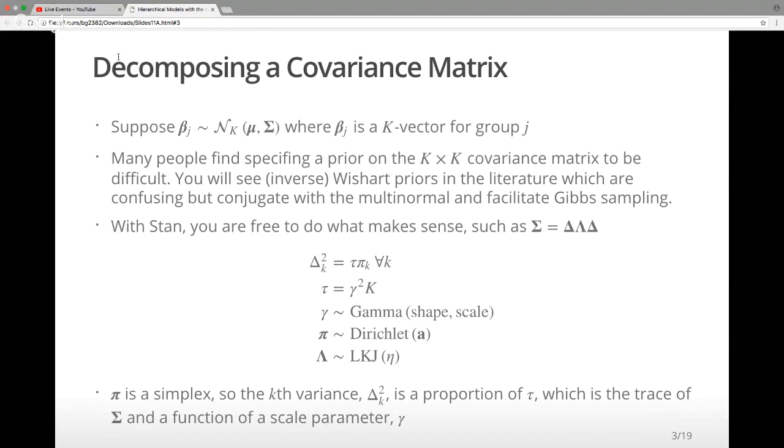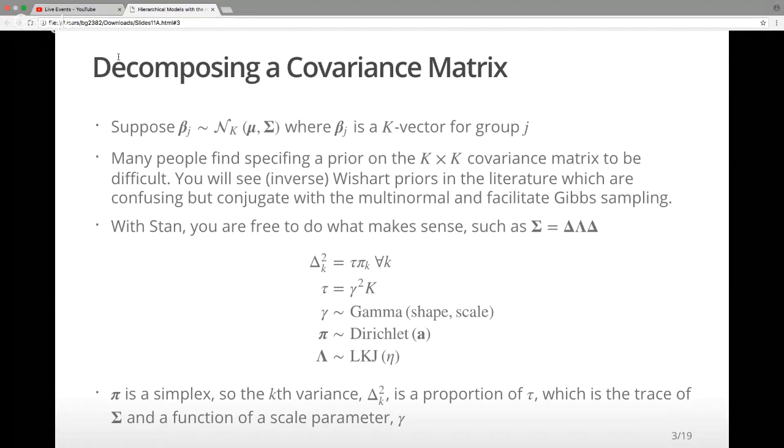And if we're thinking about this from a Bayesian perspective, we're thinking of these as having a multivariate normal prior: this vector of k parameters that are specific to group j.